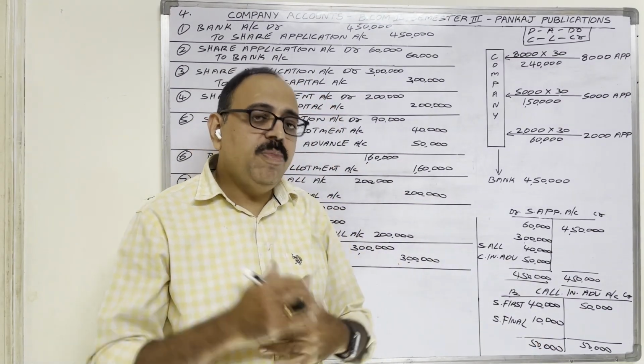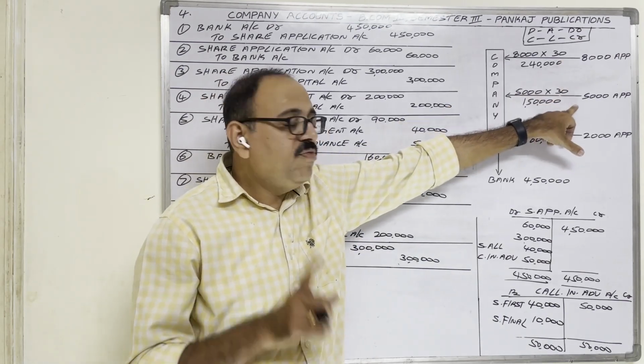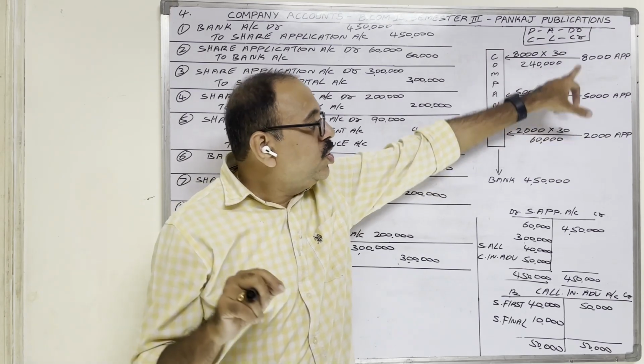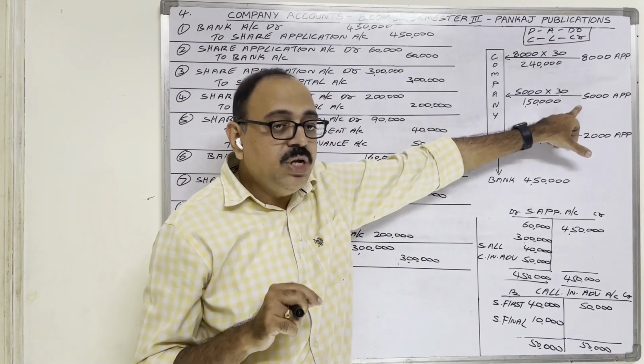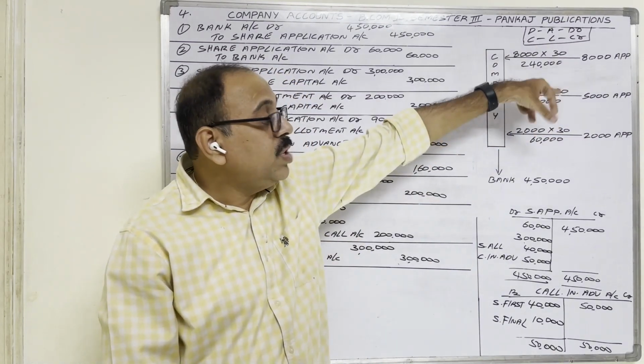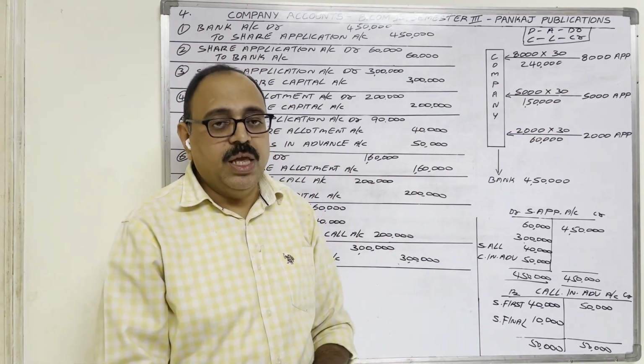Finally, how much are they paying to the company? 2,40,000 plus, from 60,000, if you adjust 10,000, 50,000 they are paying. So 2,40,000 plus 50,000, 2,90,000. Finally, from these two category applicants, 2,90,000 is coming to the company.